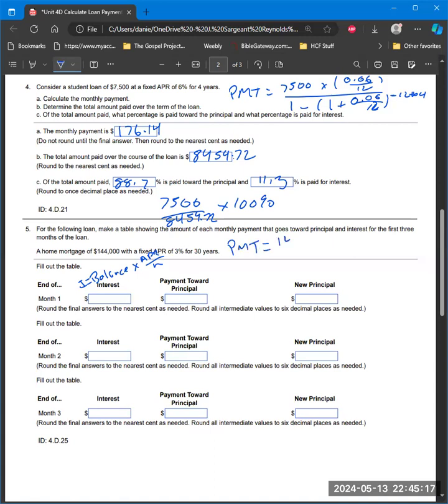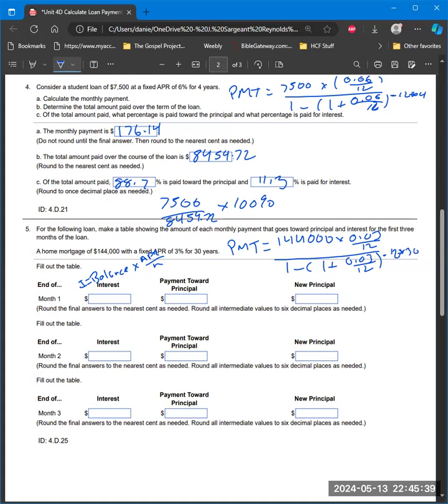So this is going to be 144,000 times 0.03 over 12, over 1 minus 1 plus 0.03 over 12 to the negative 12 times 30.